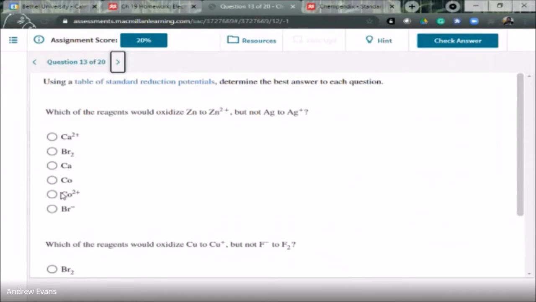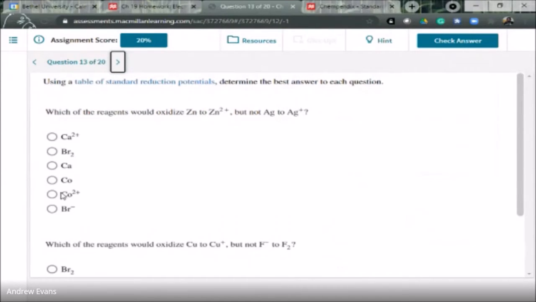So you're trying to find the guy who will be reduced of that pair. Calcium 2 plus wants to be reduced. Bromine elemental wants to be reduced, but bromine 1 minus doesn't want to be reduced. Calcium solid doesn't want to be reduced. Cobalt solid doesn't want to be reduced.